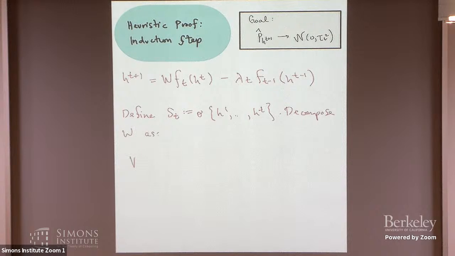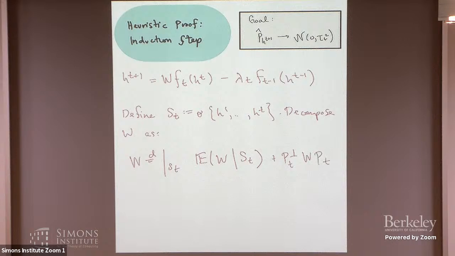So what I want to show is that conditional on the previous outputs of my algorithm, my matrix W has the following distribution. It's equal to a projection onto that sigma algebra, right? So the conditional distribution of W onto my conditioning sigma algebra, plus a projection perpendicular to the sigma algebra.